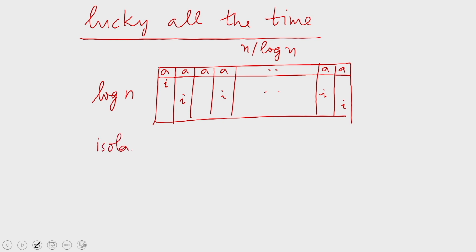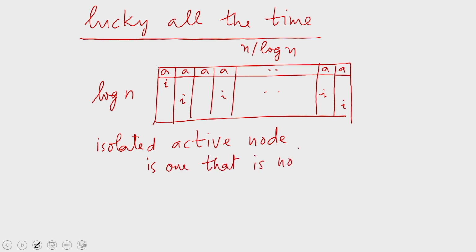We say that an active node is isolated if its neighboring nodes are not active. An isolated active node is one that is not adjacent to active nodes.